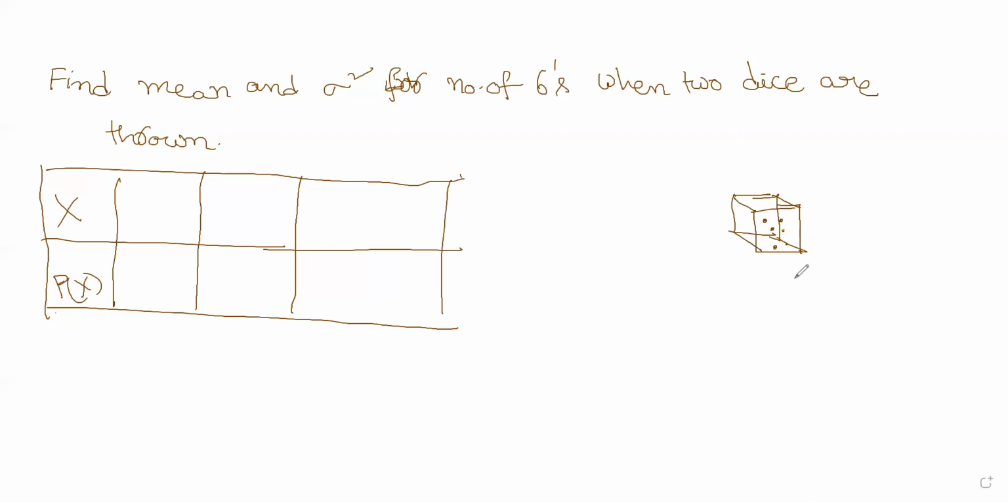Now, how many? There's only 1 six on one dice. When 2 dice are thrown, how many sixes are possible? I didn't ask you about the probability at all.